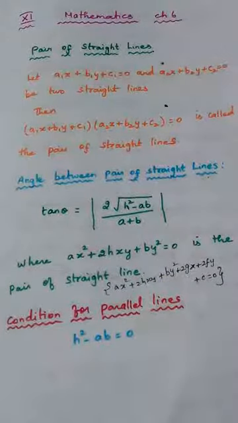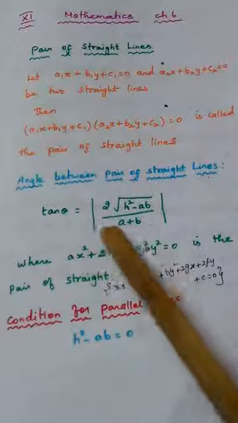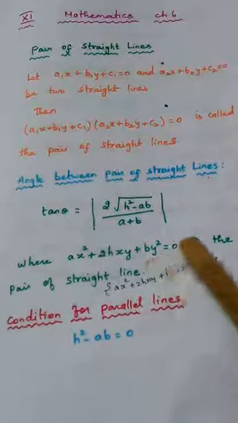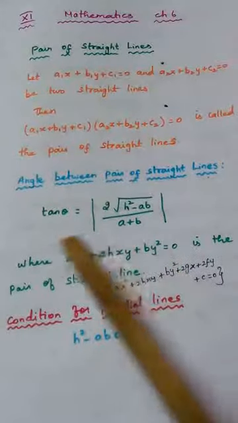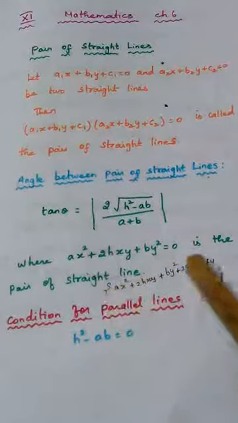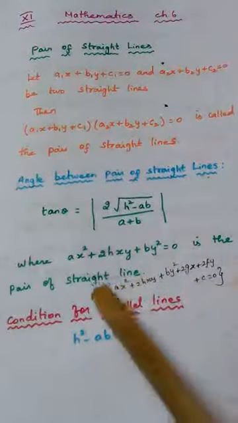Not always, but sometimes. But if we take this alone, ax square plus 2hxy plus by square equal to 0, it means it is a pair of straight lines which passes through origin. This is a pair of straight lines which passes through origin. This is nothing but general equation of pair of straight lines or general second degree equation.